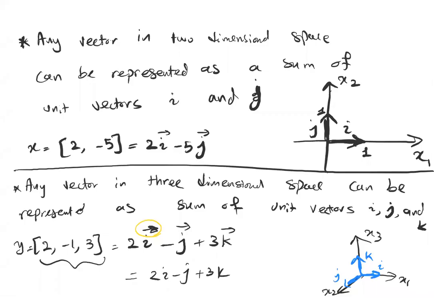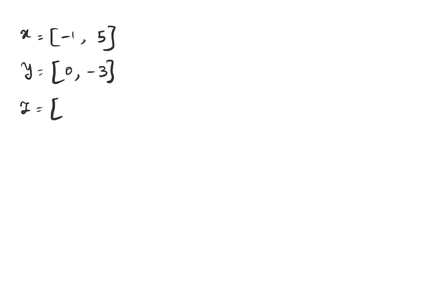So now let's see a few examples about adding or subtracting vectors. Let me define vector x to be -1 and 5, vector y to be 0, -3, vector z to be 2 and 2. All right.